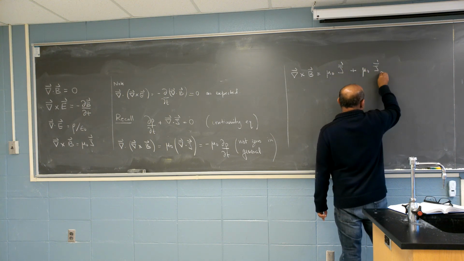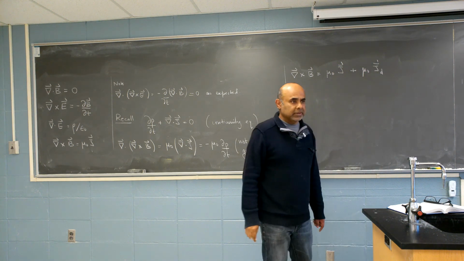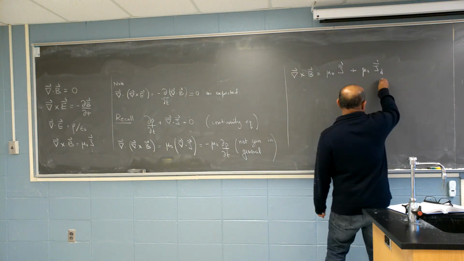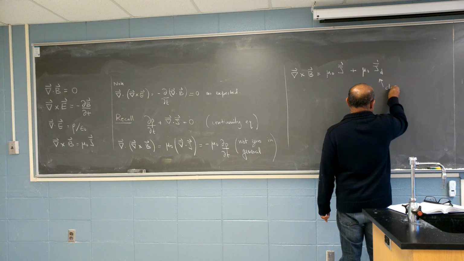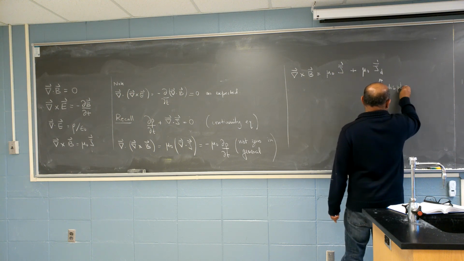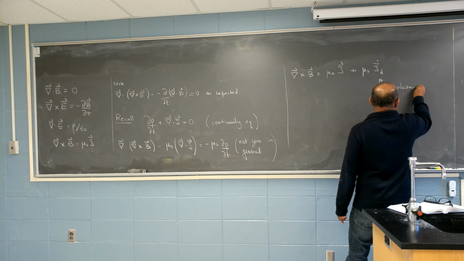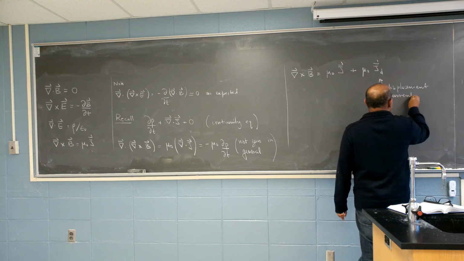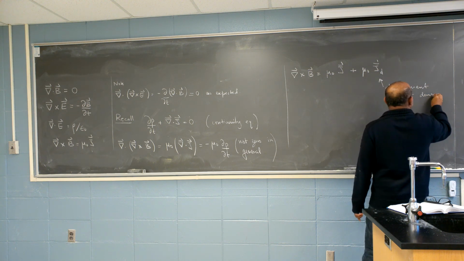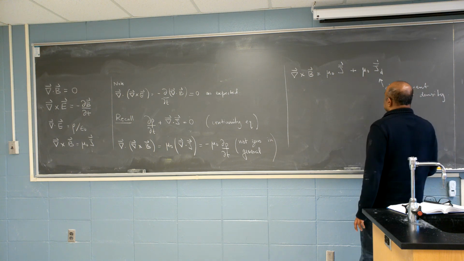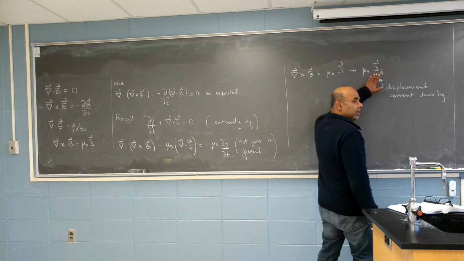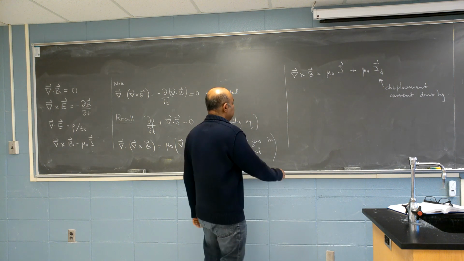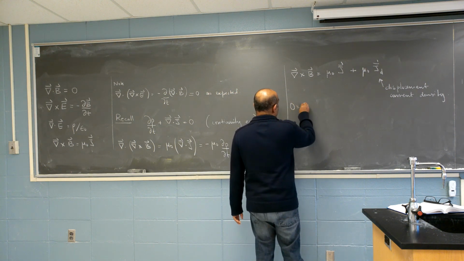And he said he's going to create a new current called displacement current density. Now, what is the job of this guy? To offset that. So then he said, 0 is what I want.